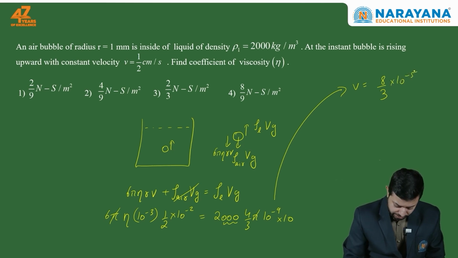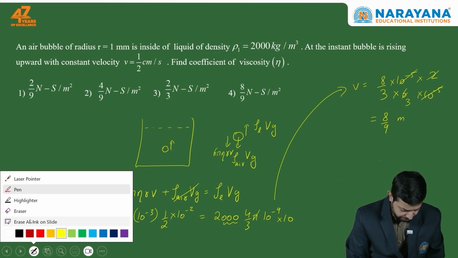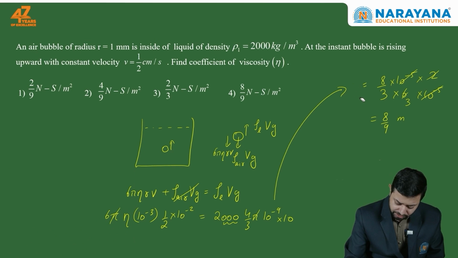Okay, and then divide by 6 from the left side to the right side, and then up we will have 2 and down we will have 10 to the power minus 5. So these numbers are already getting cancelled, and overall this becomes 8 by 9 for eta. Okay, so we'll take this one as eta over here.